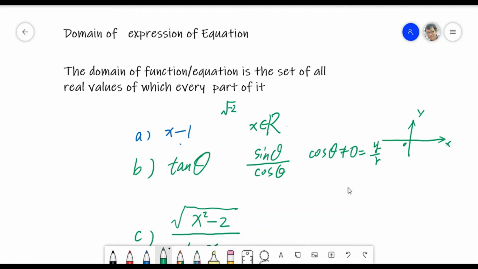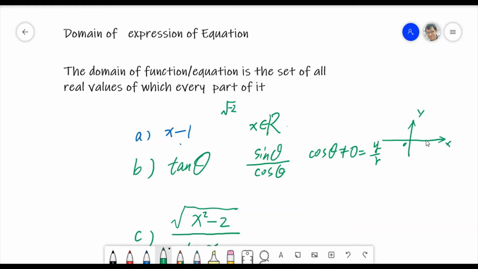At what condition will the angle's x be 0? The only condition is when the second side of the angle is on the y-axis, so x equals 0.